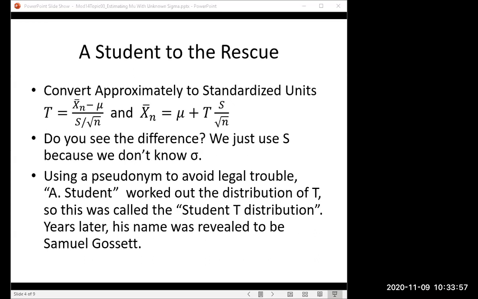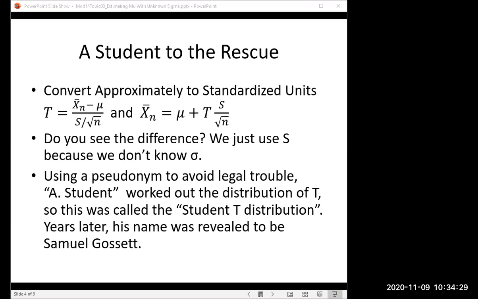He was doing statistics for quality control, and he came up with this idea, and he felt that for legal reasons he could not publish it under his own name because of the non-disclosure agreement, but he also felt that the company had no right to claim ownership of a piece of mathematics, so he published it under the name A Student.